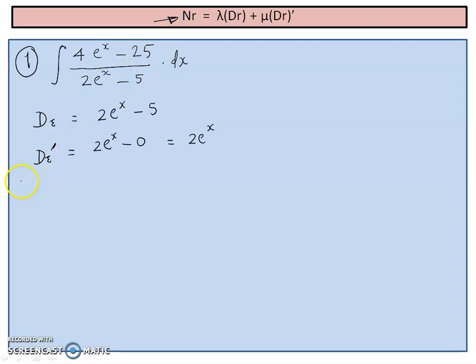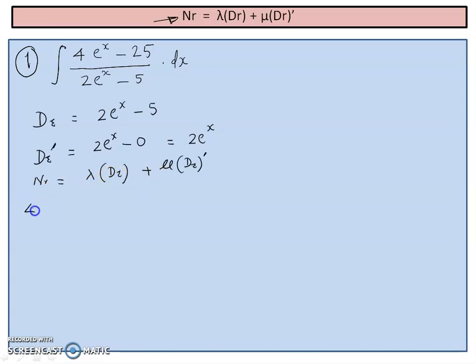Now we have to make the numerator like this. समझ गए? So numerator is equal to lambda times denominator plus mu times denominator dash. अभी हमें denominator मालूम है, denominator dash मालूम है, numerator मालूम है. So we'll find lambda and mu.